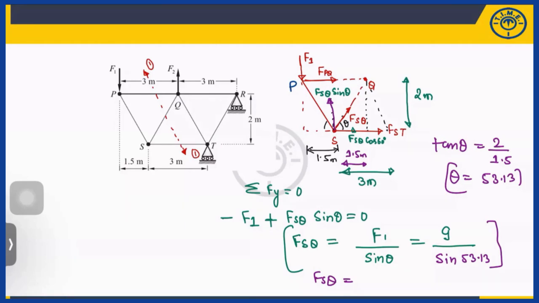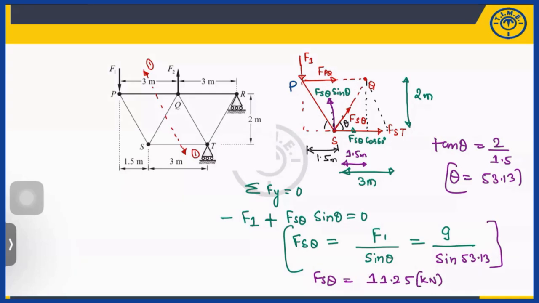What is the value of F of SQ? Sir, it is 11.25. Very good. 11.25 kilonewton.